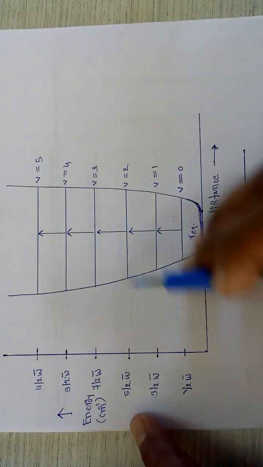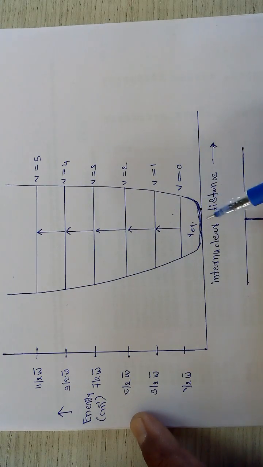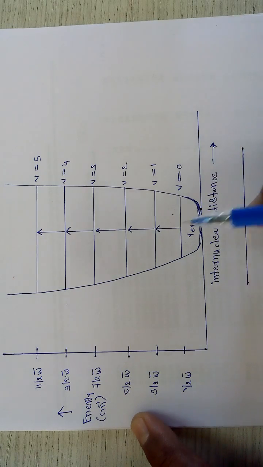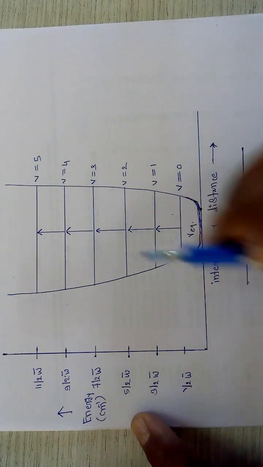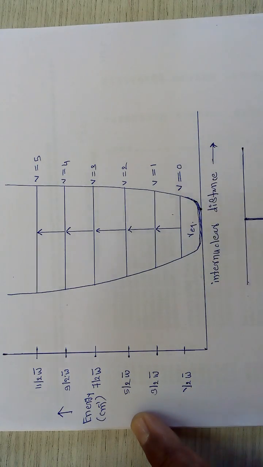So this is a figure in which we get an idea regarding the allowed vibrational energy levels as well as the different possible transitions for the diatomic molecule which behaves as a simple harmonic oscillator.